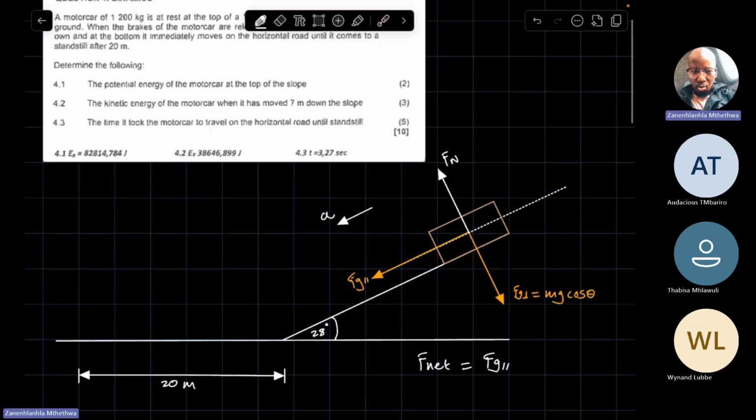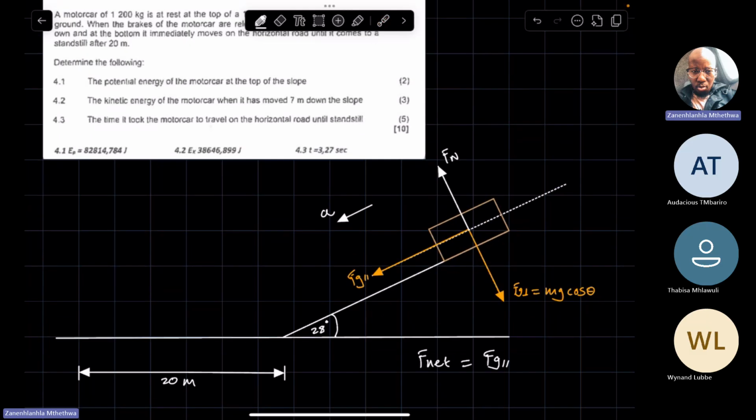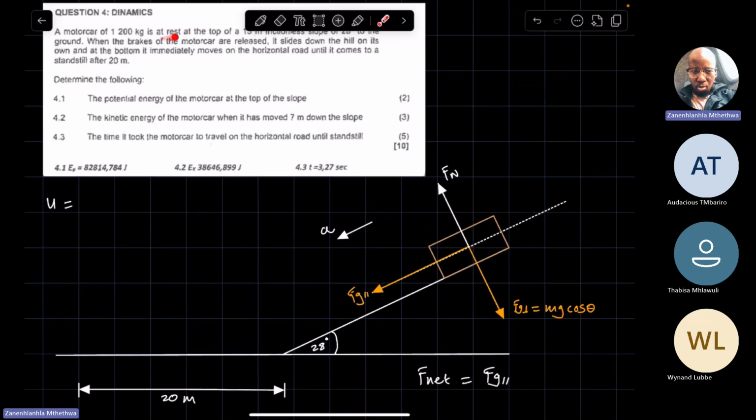Another thing that we do have is the initial velocity, which is the velocity at the top of the hill. We know that this was at rest. Because this was at rest, it means the initial velocity is 0 meters per second. Are we agreed there?